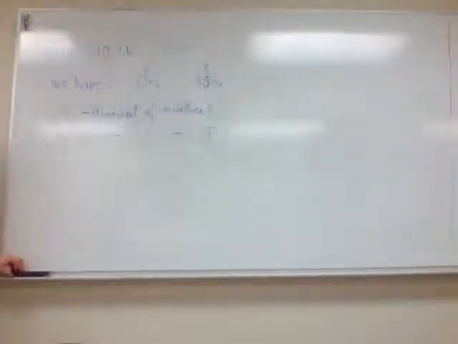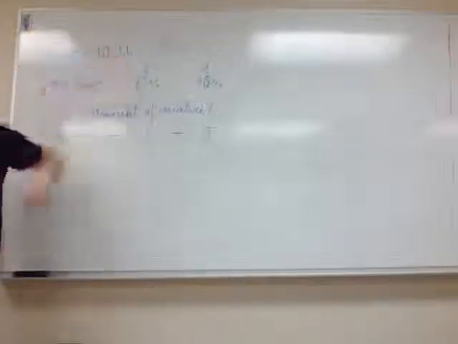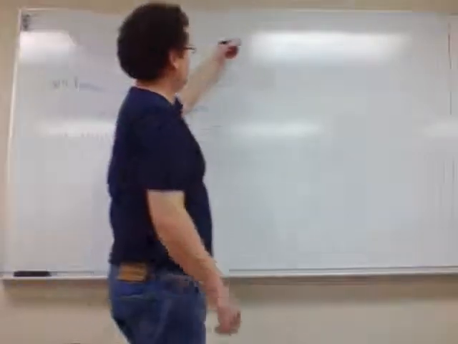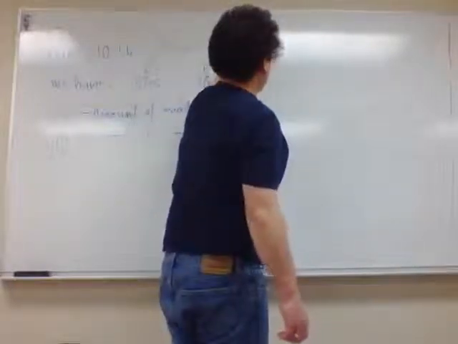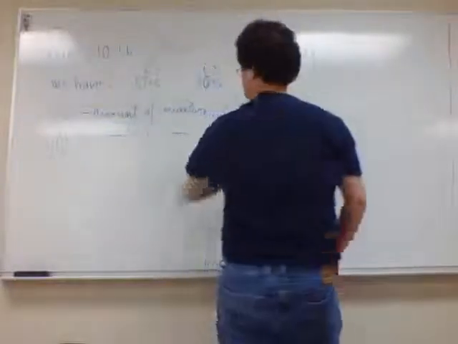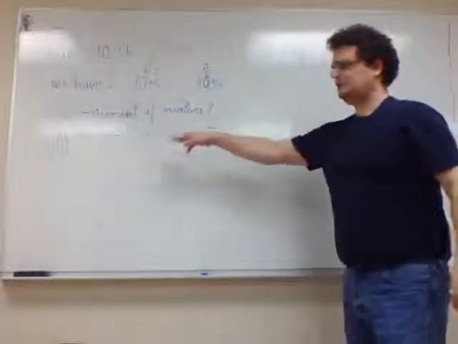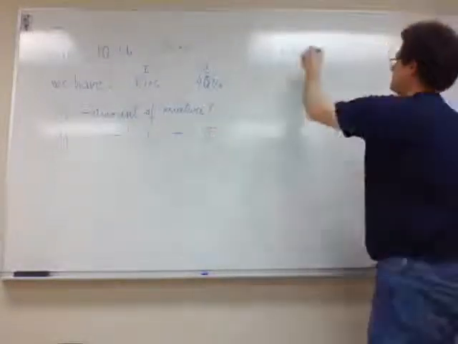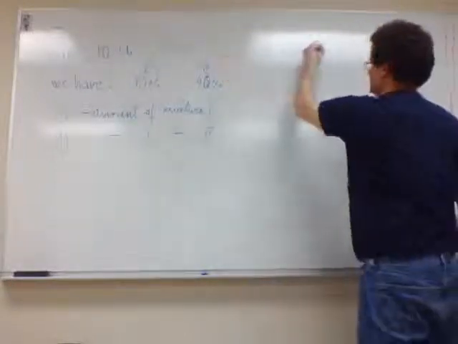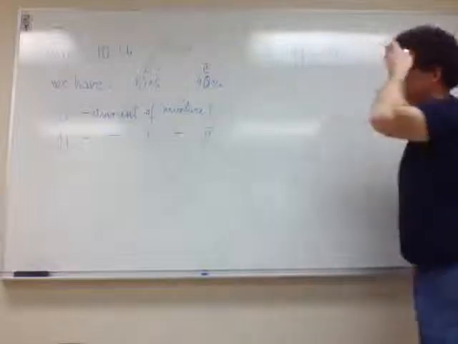Okay, so the total amount is supposed to be 10 pounds. So our first requirement is that when you add the amount of mixture 1 and the amount of mixture 2, that sum should be 10 pounds. Okay?